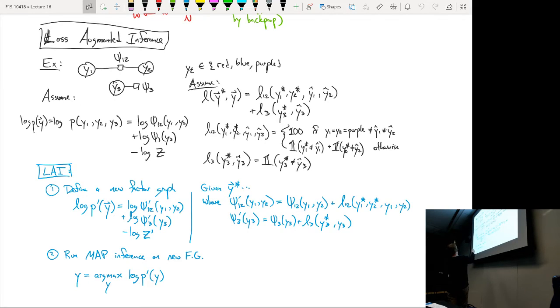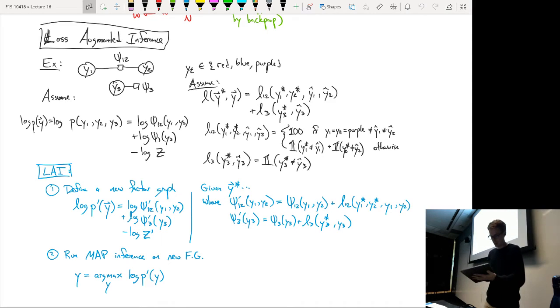And so running map inference in this way is significant because of our carefully defined distribution, P star, y here is going to be equal to the argmax over y of the log of P of y plus the loss of y star with y.